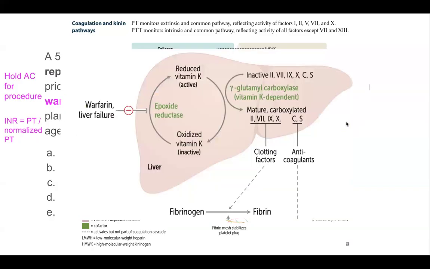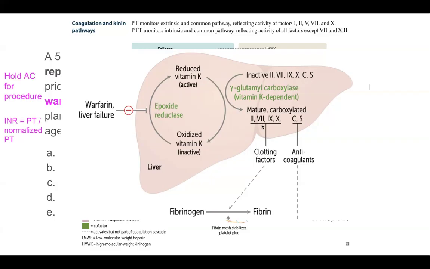So warfarin acts differently. It inhibits vitamin K epoxide reductase, which is an enzyme that converts vitamin K from its inactive to active form. And that's important because vitamin K then acts to activate a bunch of coagulation cascade clotting factors.